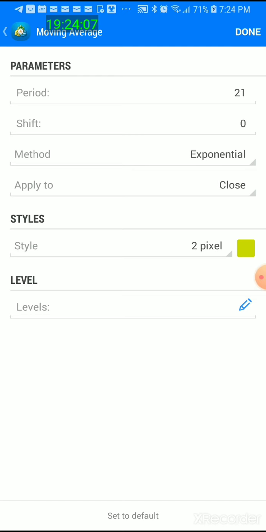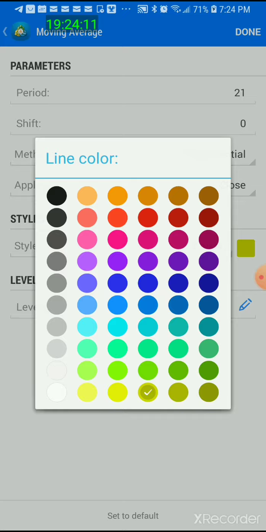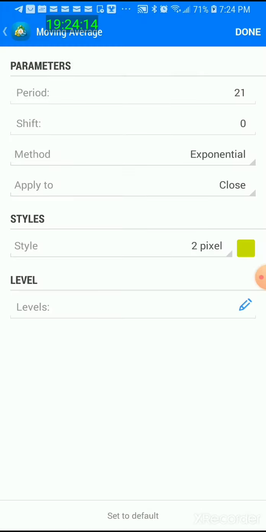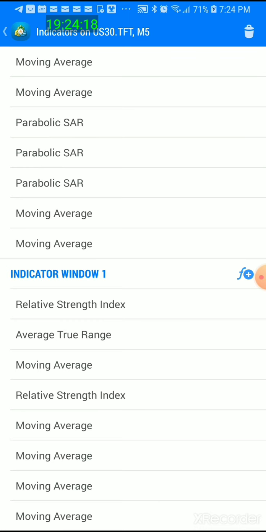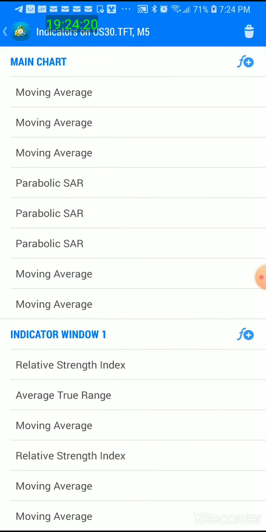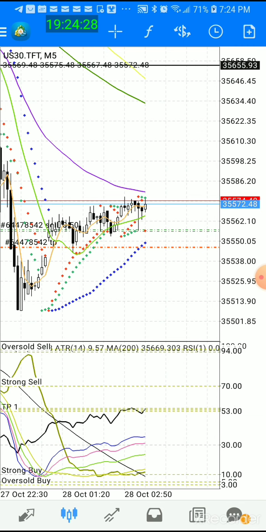And then 21 exponential close, this yellowish-green version, 2 pixel. All right, so there you have it. That is all that you have for the TuPar 3.0 strategy.